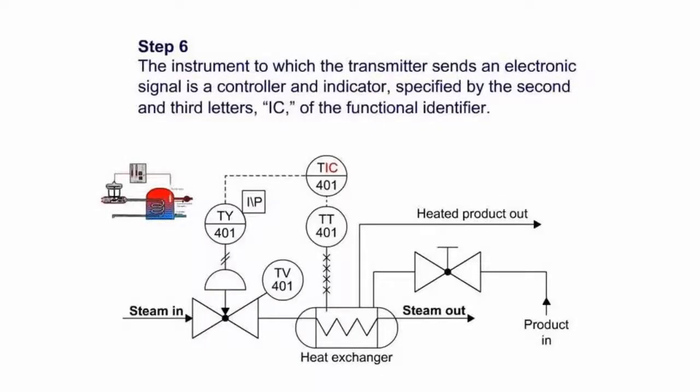Step 6. The instrument to which the transmitter sends an electronic signal is a controller and indicator, specified by the second and third letters, IC, of the functional identifier.